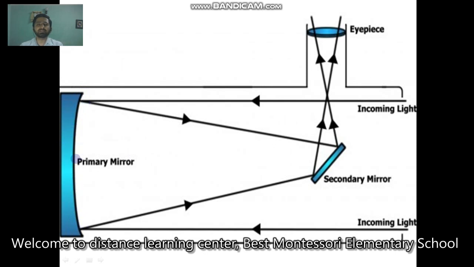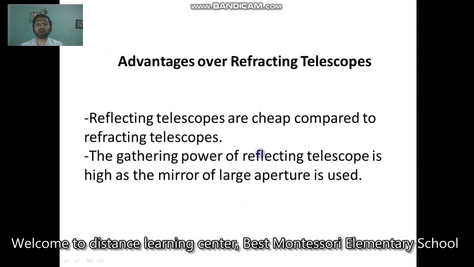Its aperture is very high. Its focal length is also high, so that it can cover more light coming from the far object. That's why the gathering power of a reflecting telescope is high, because a mirror of large aperture is used.